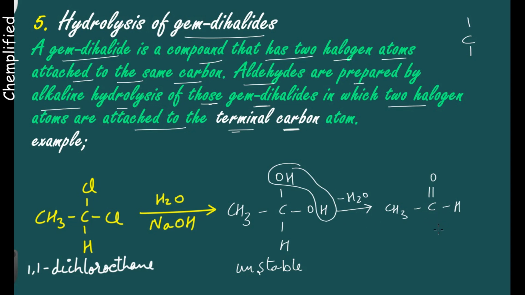Oxygen atom will make a double bond, and this is your final product, that is acetaldehyde. Now for this particular hydrolysis of gem dihalides, remember that for the formation of aldehyde, the two halogen atoms should be attached at the terminal carbon.